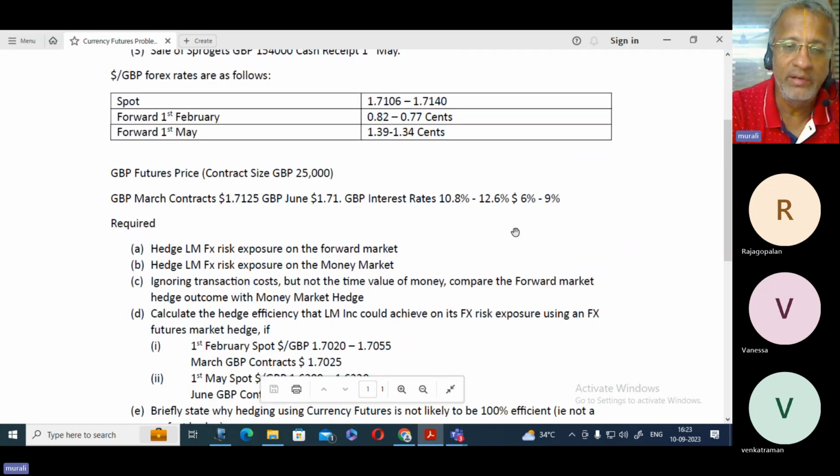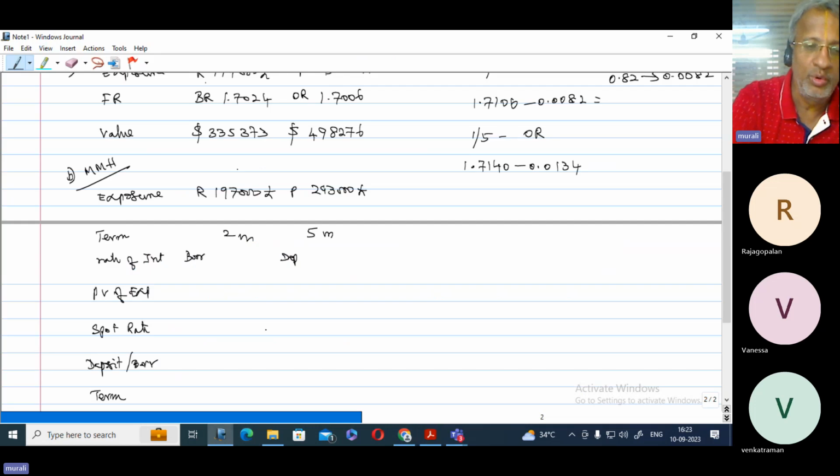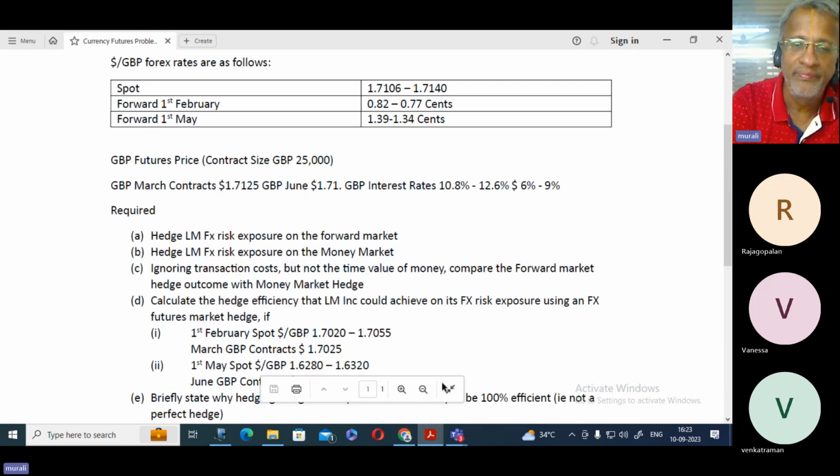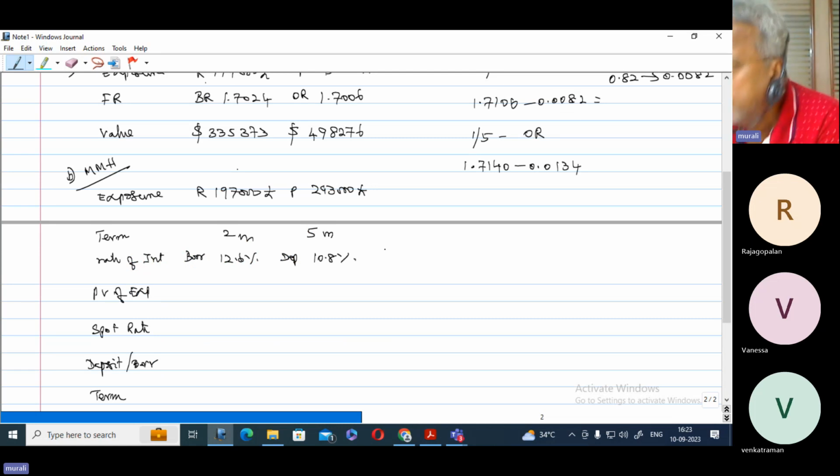Now look into the GBP rate, 10.8 is the deposit rate, 12.6 is the borrowing rate. So 12.6 percent, and in this case, 10.8 percent. So the term structure is flat. We are very fortunate that for 2 months as well as for 5 months, the interest rate is going to be the same. However, it will be taken up on a per annum basis.